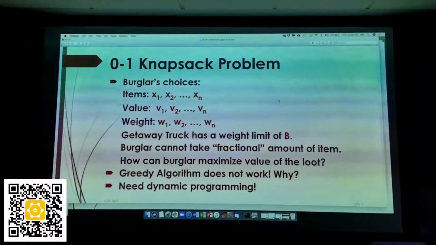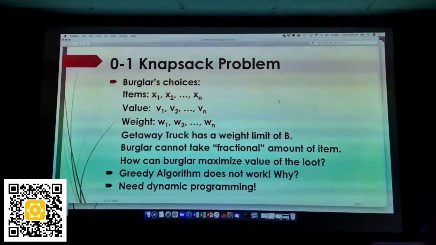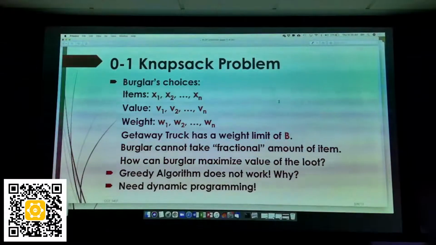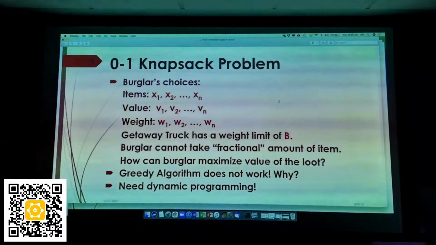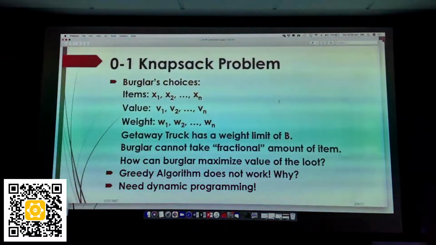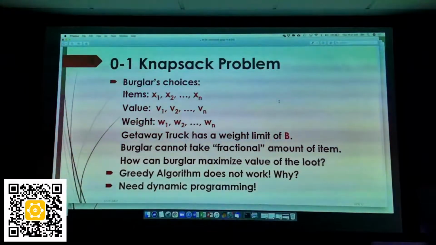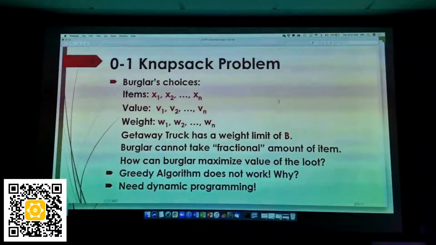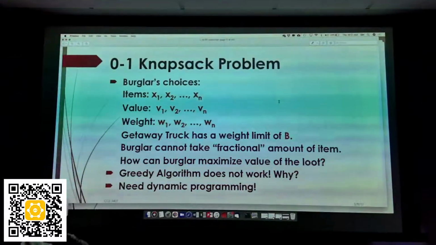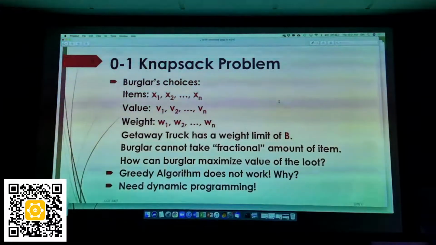So you have a refrigerator, a laptop, a desktop, a telephone, Rolex watches and whatever else might be in your house, and either the burglar decides to take the TV or not, either decides to take the refrigerator or not, and all of this is still contingent upon the Toyota truck that has a weight limit of some specified amount. In this case, it's B.